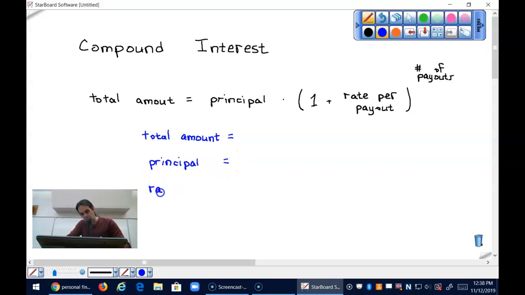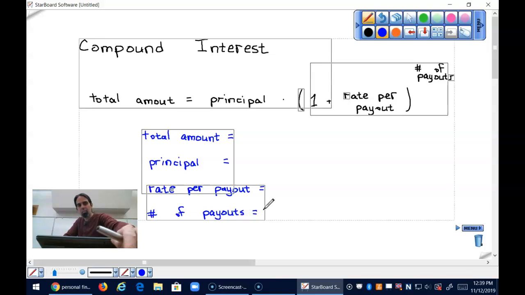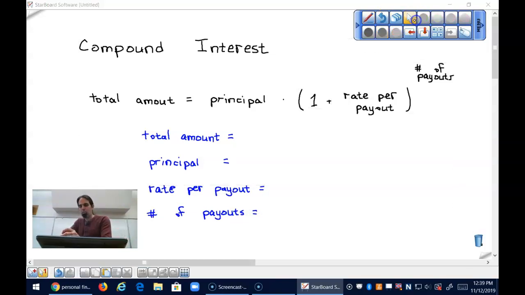And the rate per payout. Number of payments. Okay, so I'm going to copy this because we will use it many times.